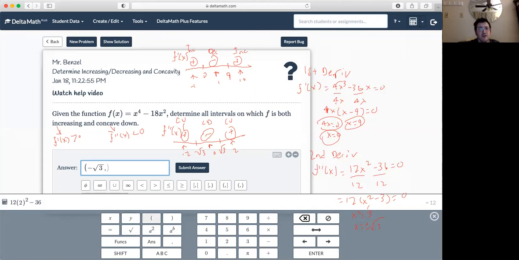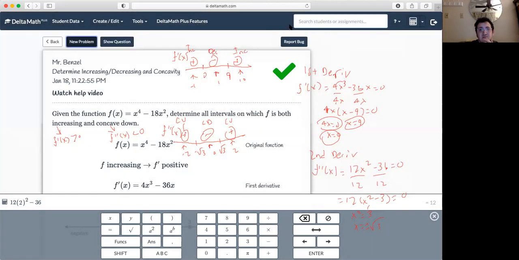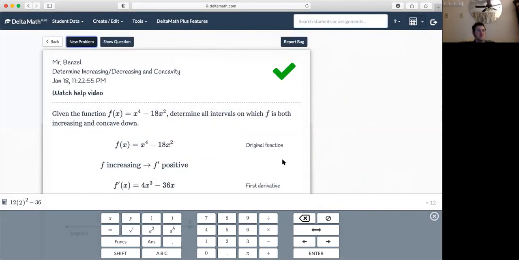And we're going to 0. Because after 0, we start going into decreasing mode.